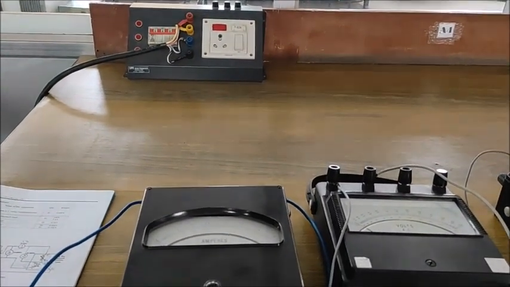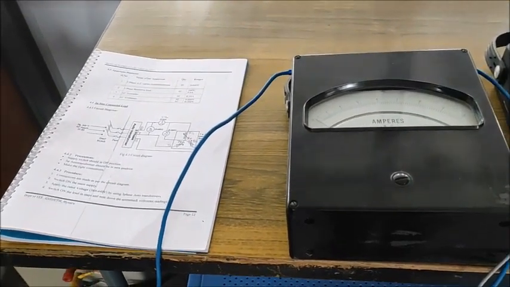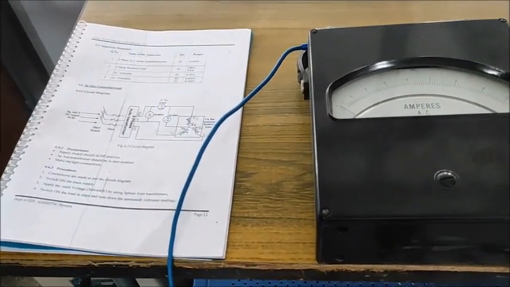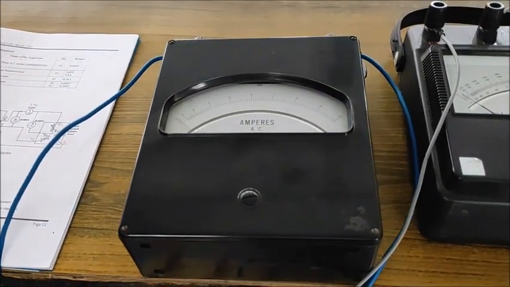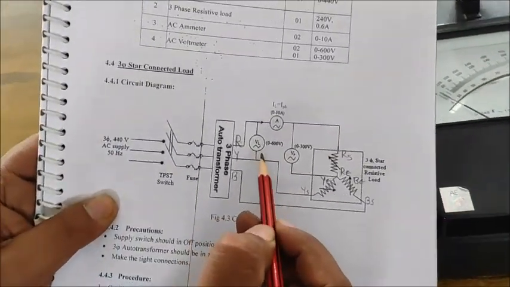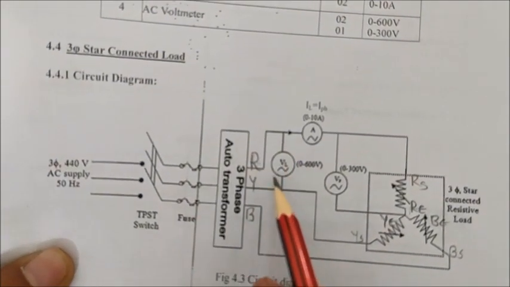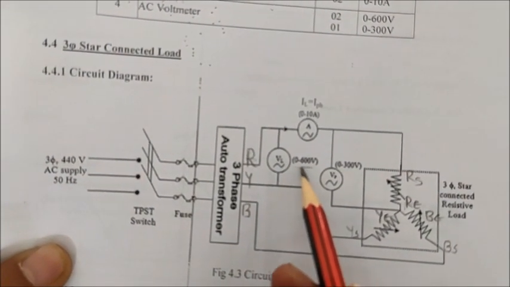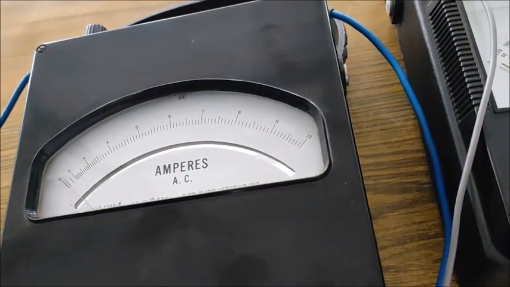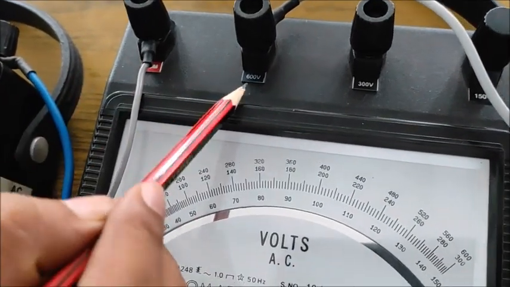Before we trace out the circuit, I will explain the different meters involved once again. If you see the circuit diagram, one of the voltmeters, where we have to measure the line voltage, is connected for a range of 0 to 600. For this voltmeter, one terminal is the common connection and the other one is the 600.